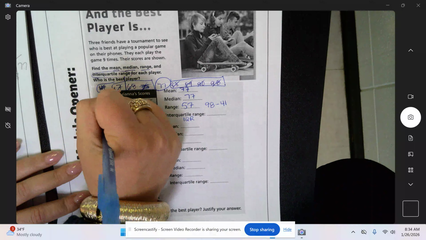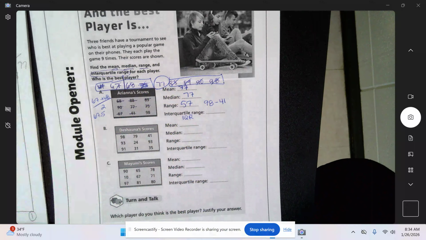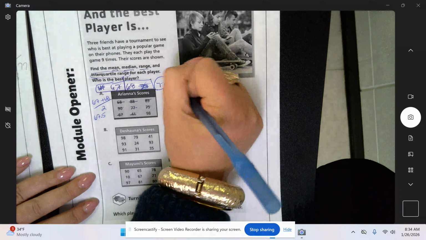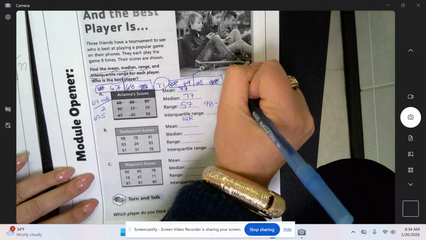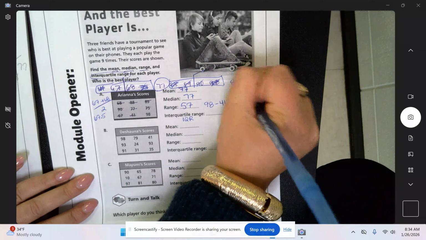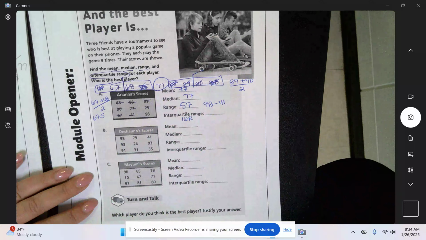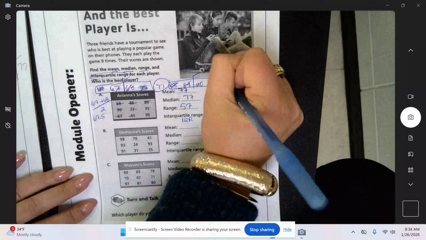Isn't 67 and a half halfway between 67 and 68? Yeah. Then you do the same thing on the upper half. Back and forth. I got two numbers in the middle. I got to split it. 89 plus 90 divided by 2 gives me 90.5.